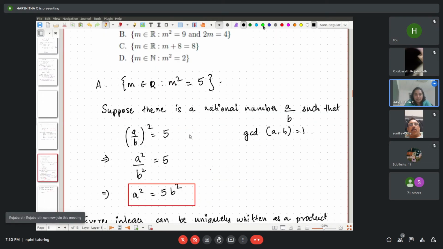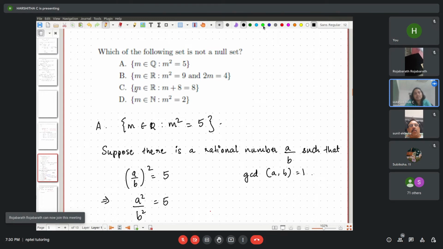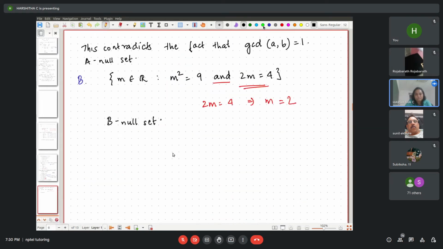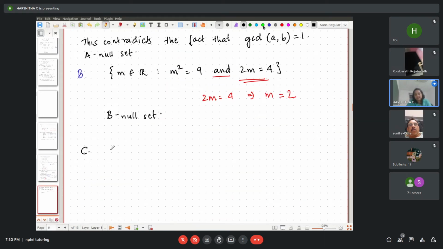Okay. So the next one is the set of all real numbers such that m plus 8 equal to 8. You know that 0 plus 8 equal to 8.